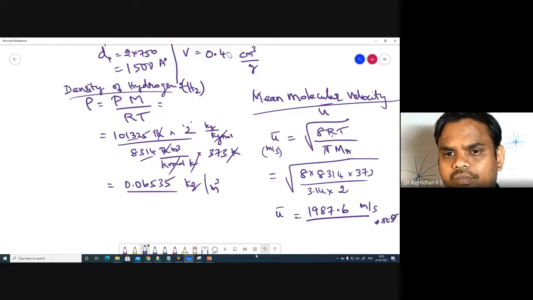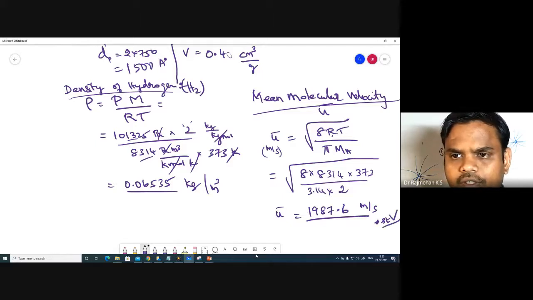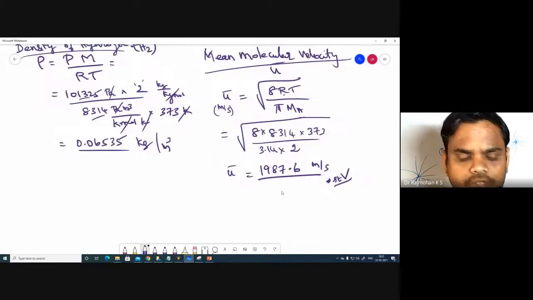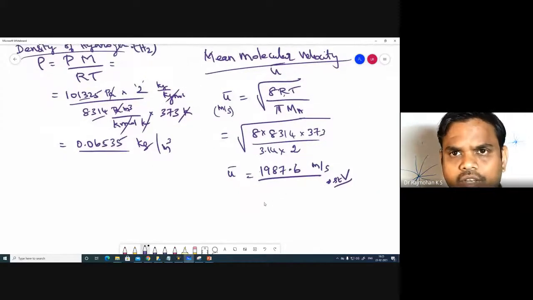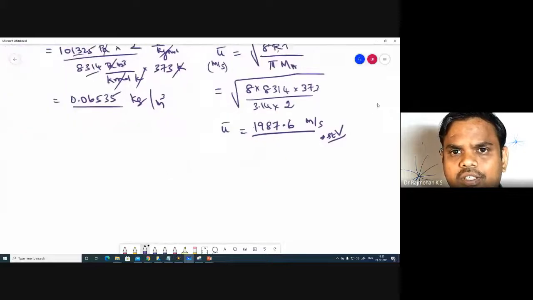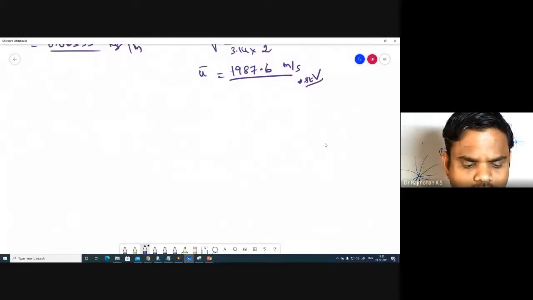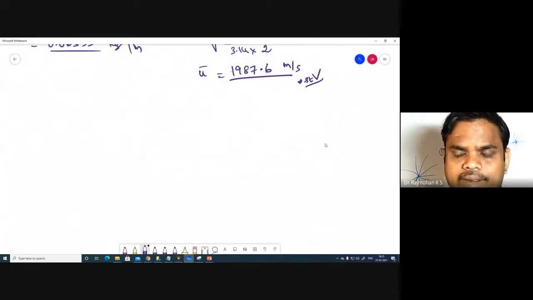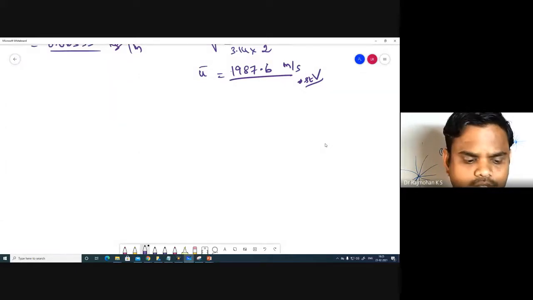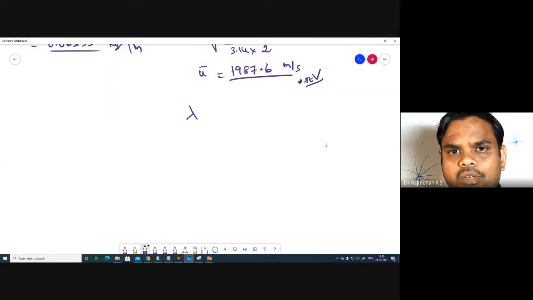Subject to verification. Okay, so once we get this, you can find out what is lambda. Let me write that. What is the formula for lambda?